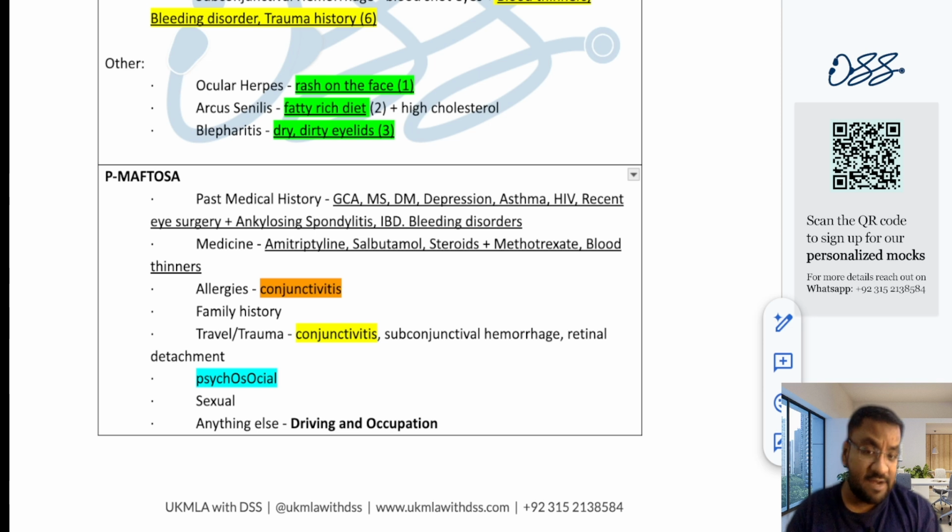So the driving related advice is really important, and so is the occupation, because a person who has had a loss of vision, or who needs an eye surgery, and is working a desk job that requires them to look at screens, you may have to advise them on taking time off from work.